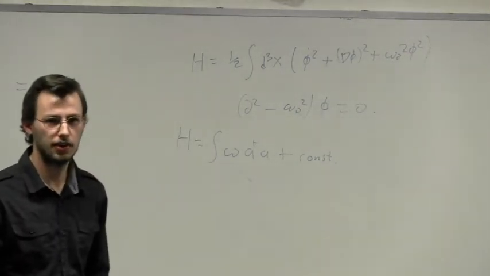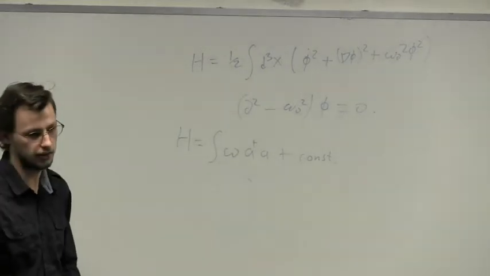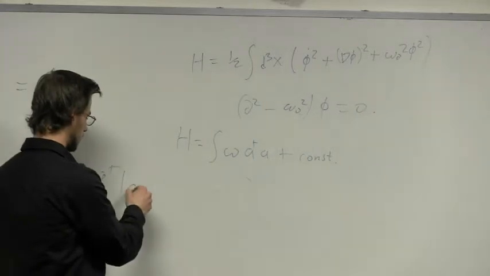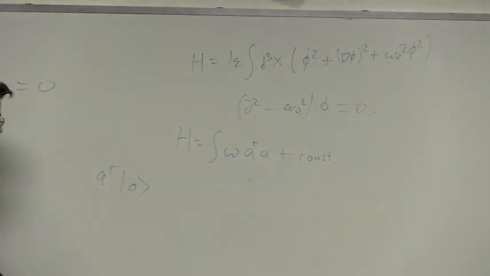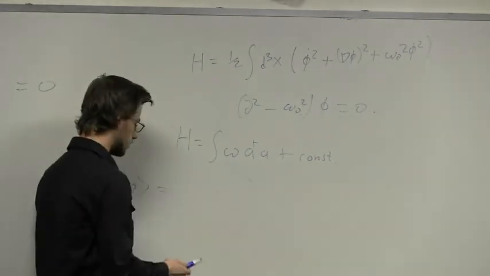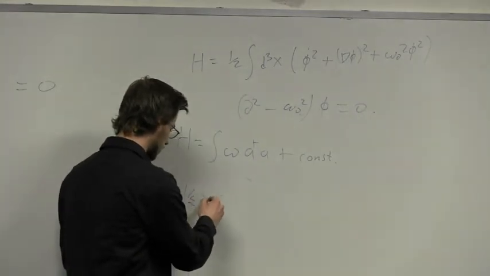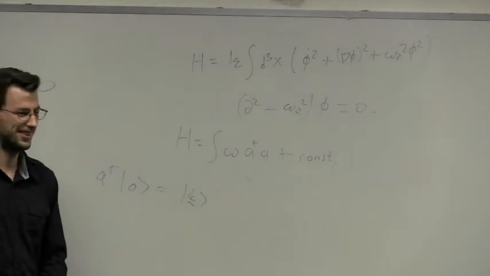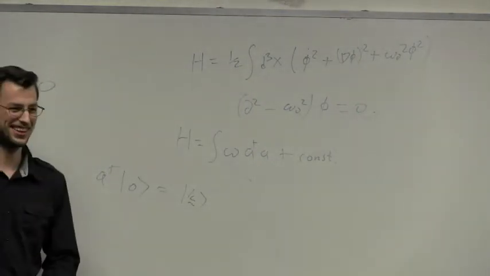What are A and A dagger? They are the creation and annihilation operators. If you have A dagger acting on 0, this will create some momentum, some particle state. What is 0? 0 is the vacuum state.